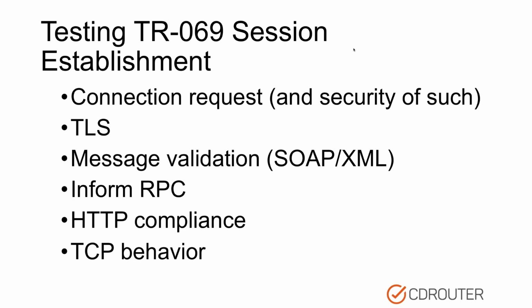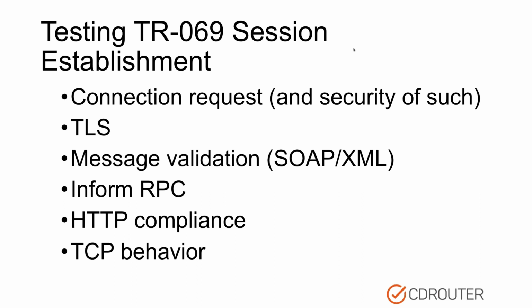So the things about TR-69 session establishment that you should test include connection request. And while there's many different reasons why the CPE will contact the ACS, in the context of testing, the connection request is the most useful, and it's also one of the most important things because it's a source of a lot of issues.